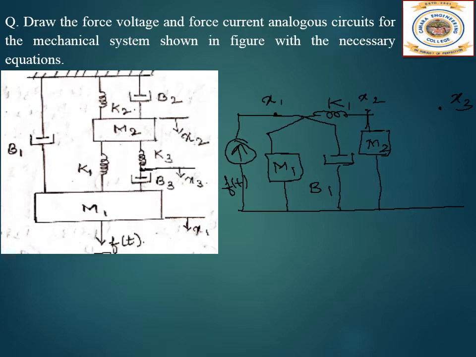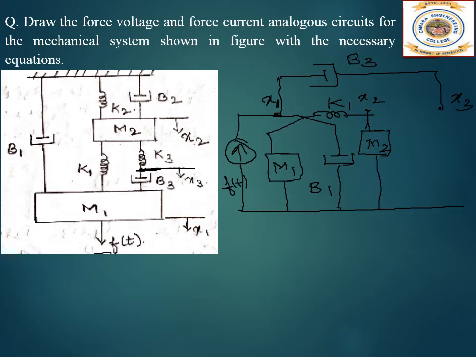Next, see, we have here B3. Where is B3 connected? B3 is connected between x3 and M1. M1 has a displacement x1 and B3, above that you have x3. So this will come between x1 and x3. So from x1, we have to connect B3 to x3. So this is B3.